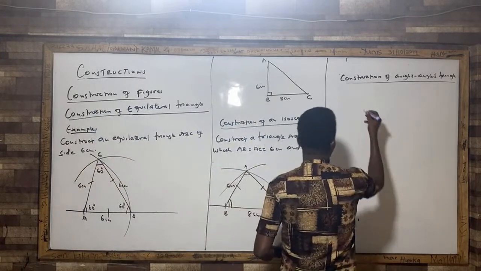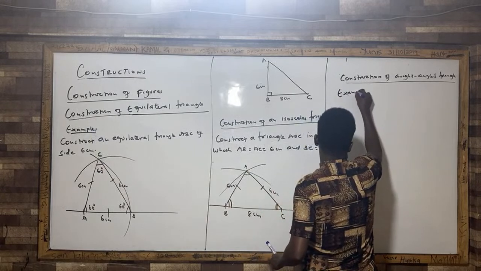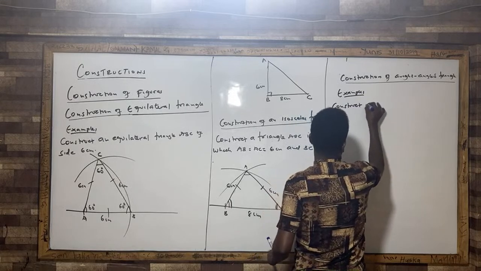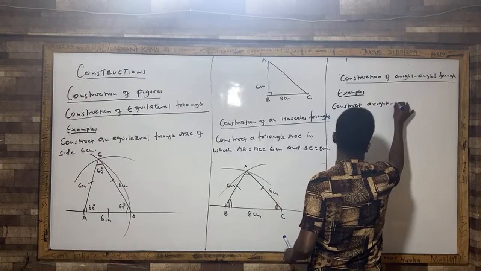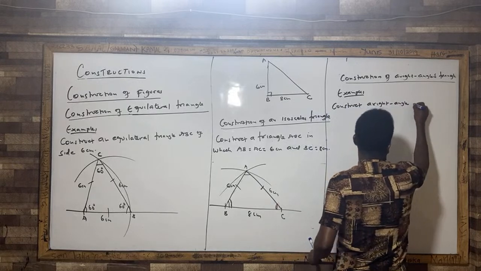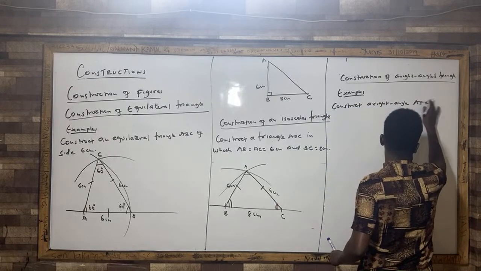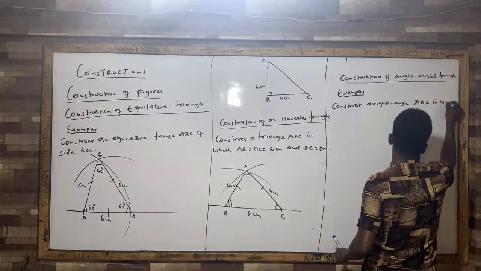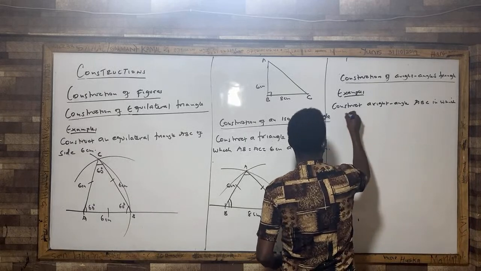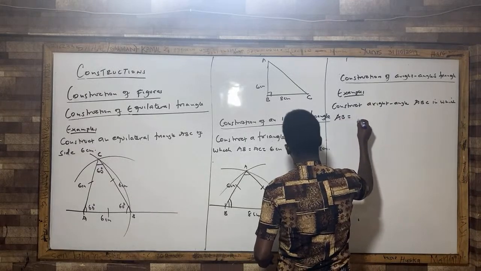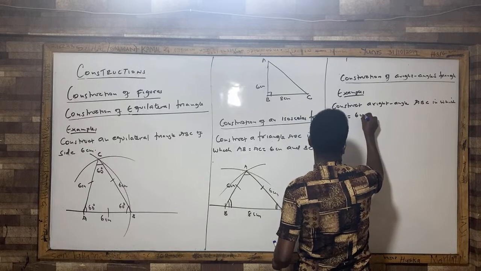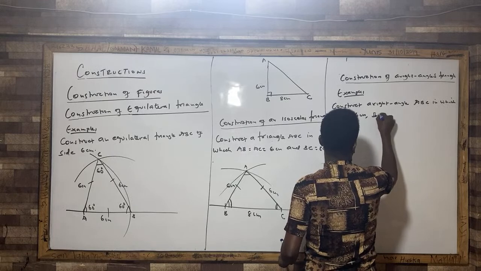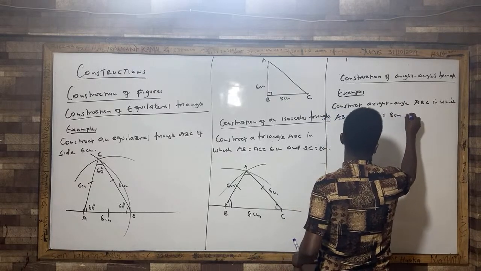So now, this is what I want to consider. Let me write that here. Example 1. Construct a right angle triangle ABC, in which AB is equal to 6 centimeter, BC is equal to 8 centimeter.